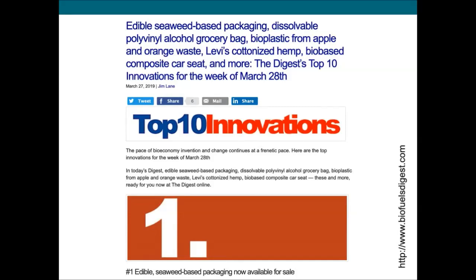You can't read these little writings, but maybe at the top you can see that there are companies and research labs making all kinds of really interesting, amazing things from biomass. This one's featuring seaweed-based packaging, dissolving polyvinyl alcohol bags, bioplastic from fruit waste, cottonized hemp, making a car seat out of bio-based composites. There's just a crazy number of things that are coming in, more and more and more each week.